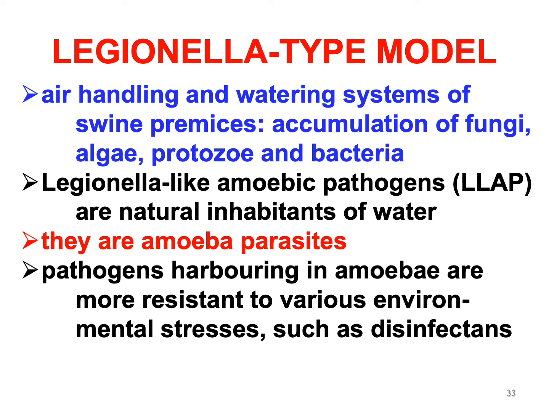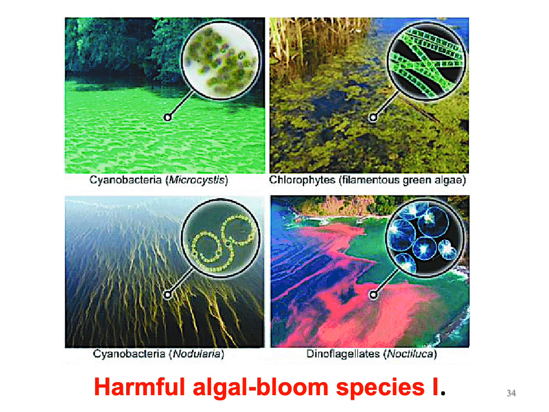Next, I will show you, only as an illustration, the most important harmful algal bloom species, which can be seen not only on a free surface in a river or lake, but also in a water tank. You see, for example, microcystis cyanobacteria.